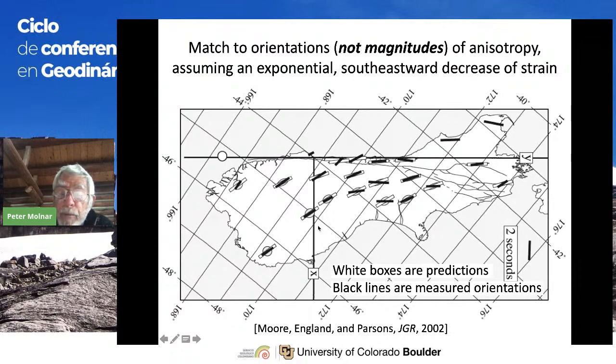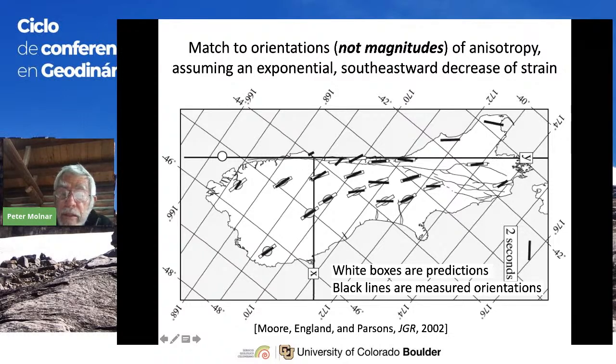The white boxes are predictions, where what Moore, England, and Parsons did was say, we'll use the GPS measurements, and we'll assume the distribution of the GPS measurements integrated over time gives us a strain field. And the point, of course, is that the orientation of the maximum elongation shown by the white boxes is quite closely aligned with the maximum orientation from the shear wave splitting.